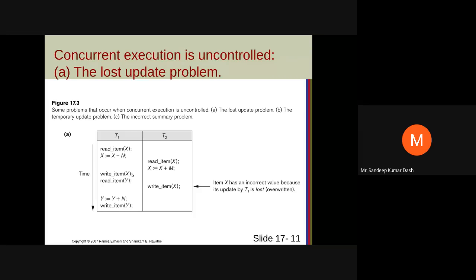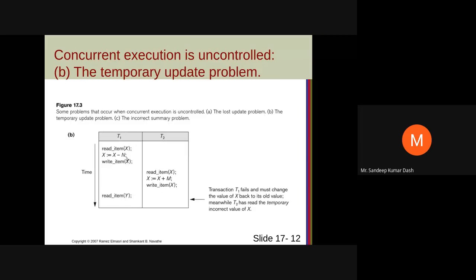So that is a wrong thing. It should have updated its own value, but that will not be possible, because once this is done, this value gets onto the buffer. So this writes the value of x plus m, not x minus m. That is why this writing is not proper, because this will write again the same thing which this has performed. So this particular update is gone. This is the lost update problem.